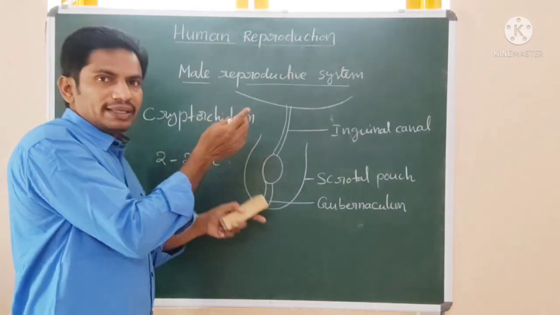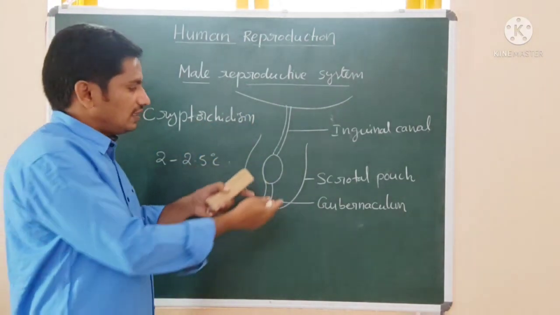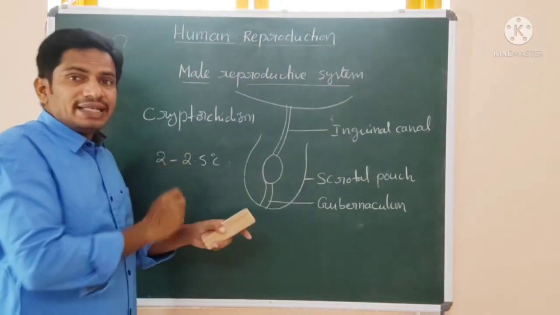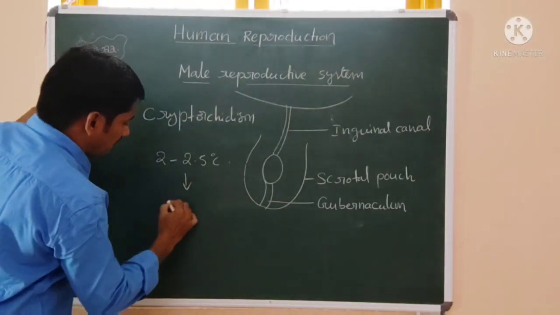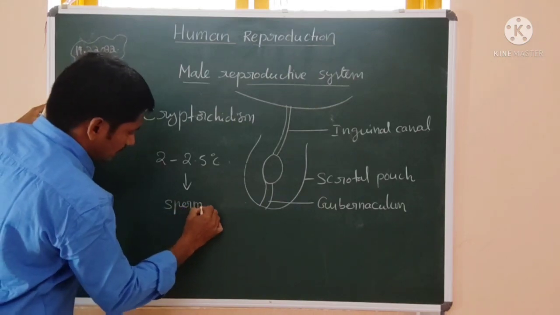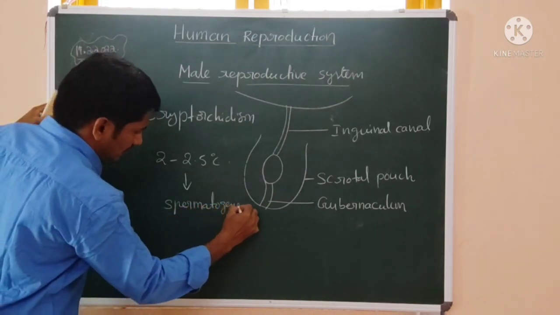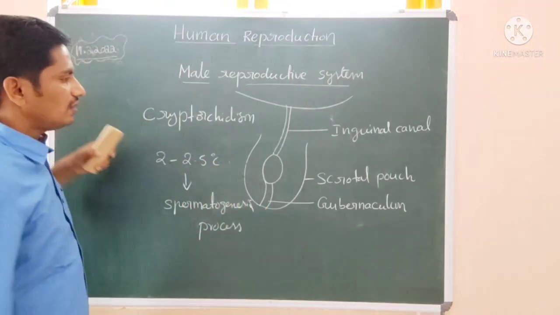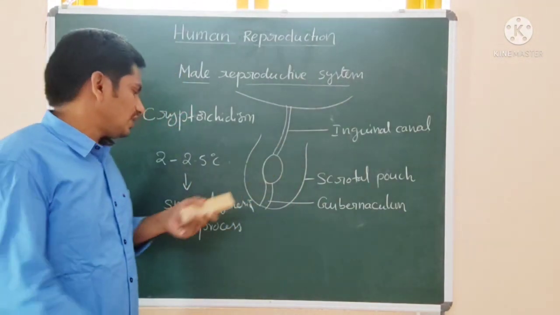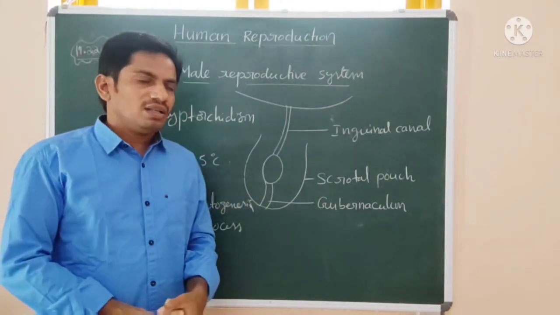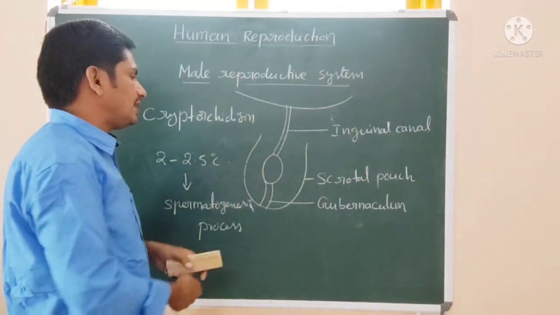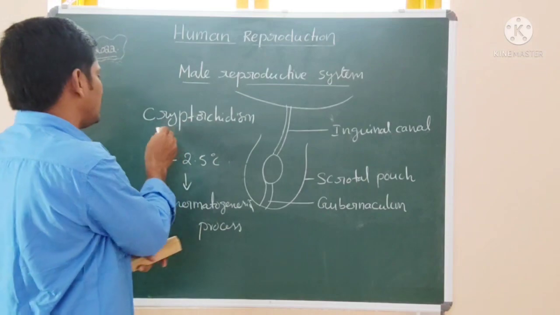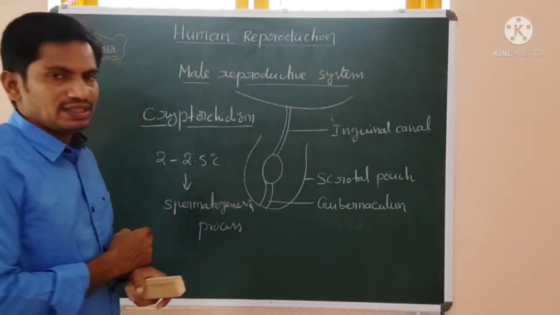This lower temperature is helpful for the process of spermatogenesis. When the testes fail to descend into the scrotal pouch, that condition is called cryptorchidism.